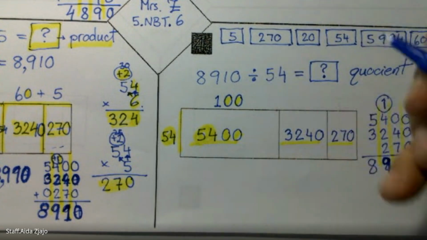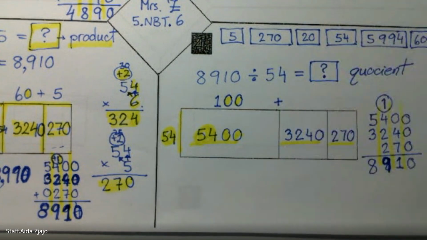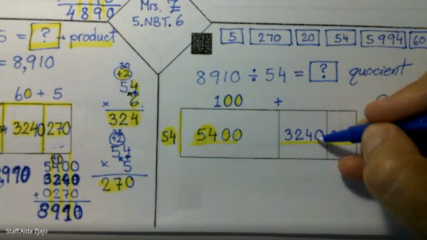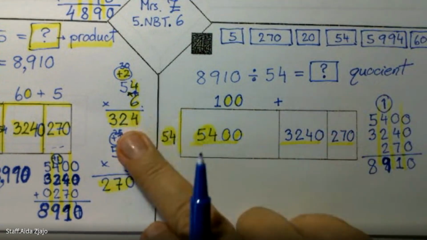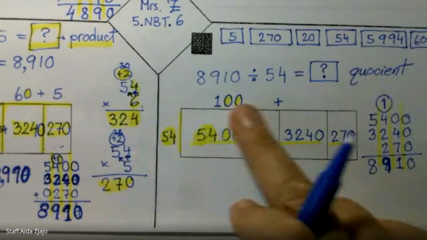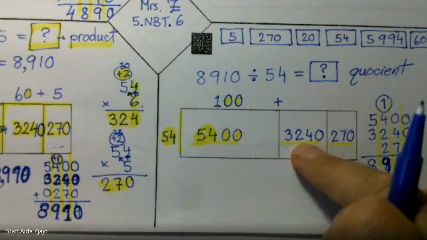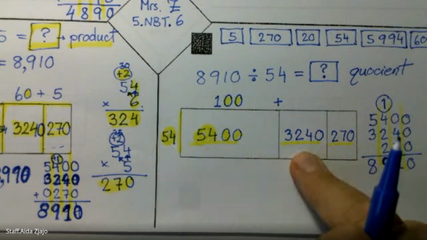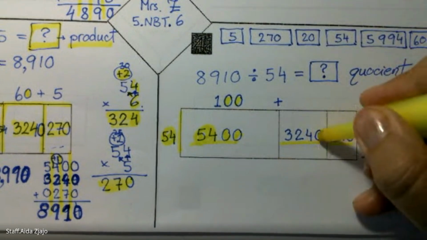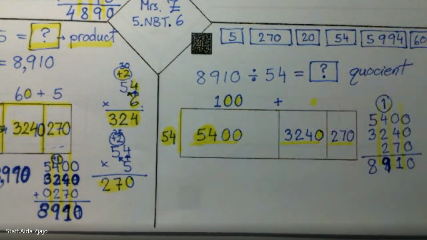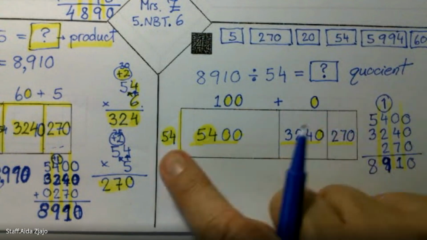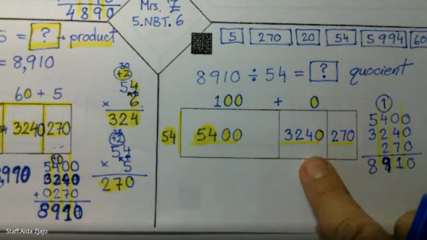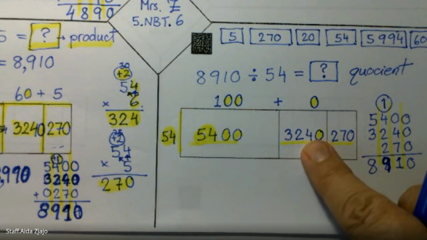Okay. The next part of our quotient is that 3,240. And remember how I was working on this, and the solution is 60, but how could we figure out this number? So first thing we know, here is the 0, so that goes in our answer. So now how many 54s are in 324?